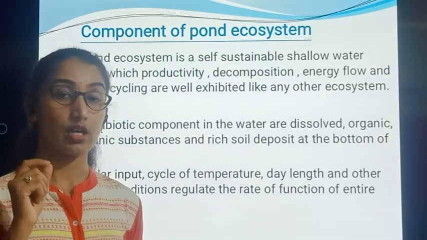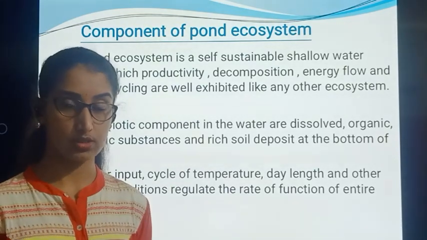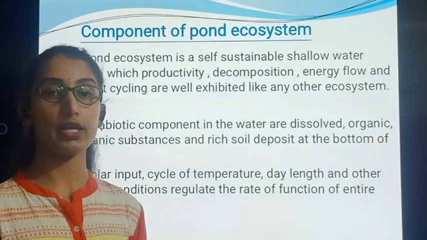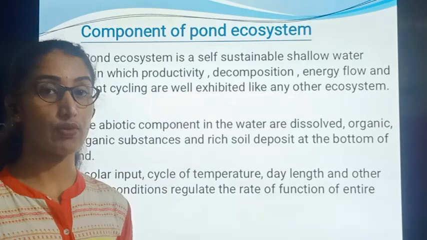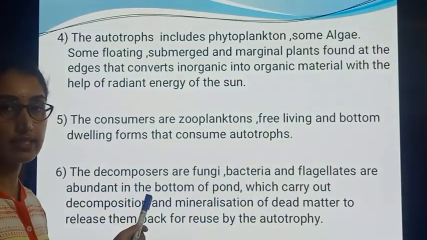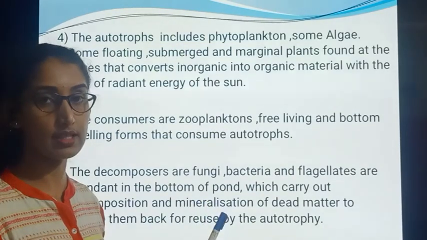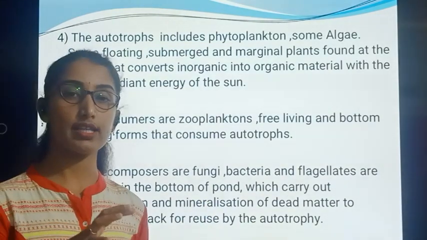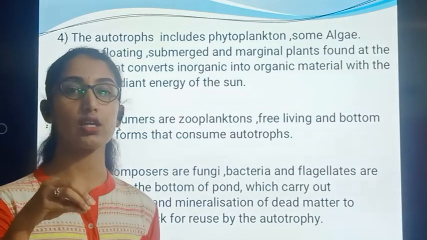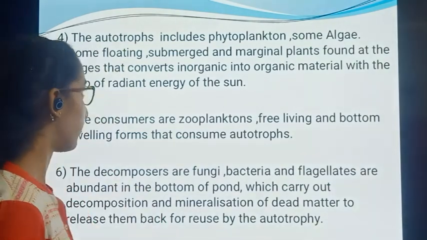Instead, the function of the pond ecosystem or any other ecosystem will depend on various factors, as we mentioned: sunlight, temperature, day length. All these factors are involved in the functioning of the ecosystem.